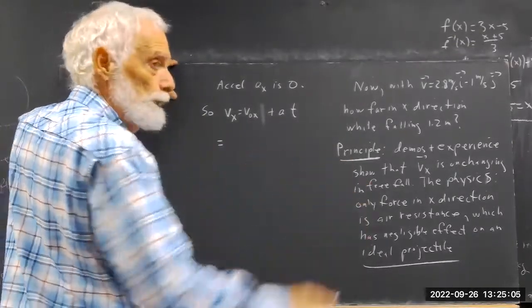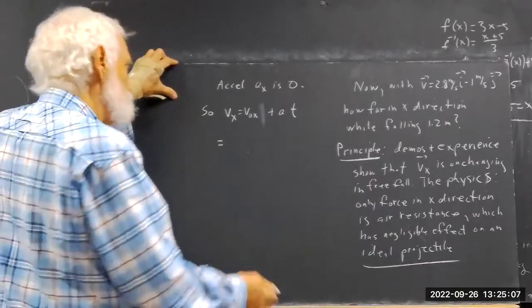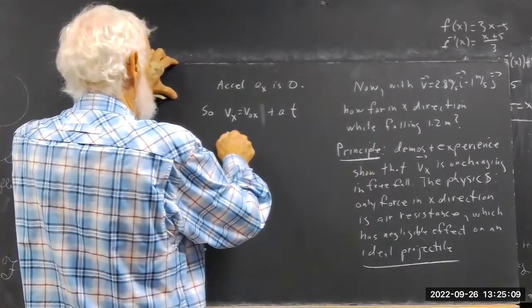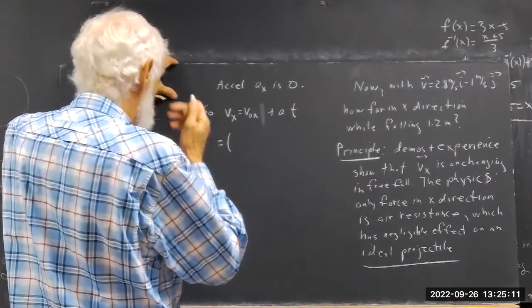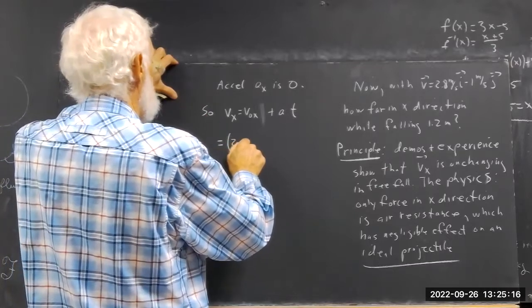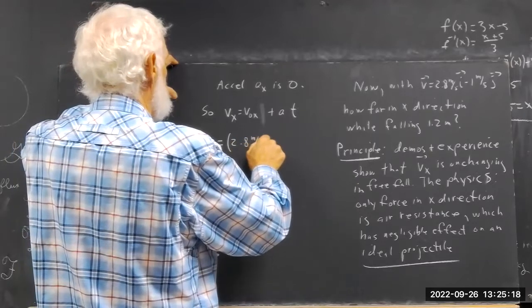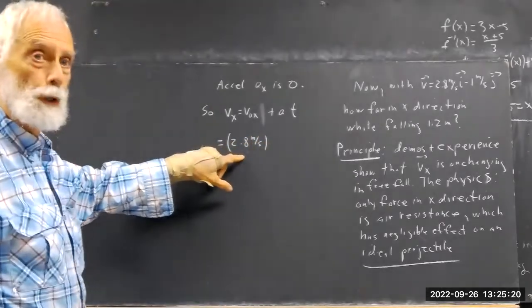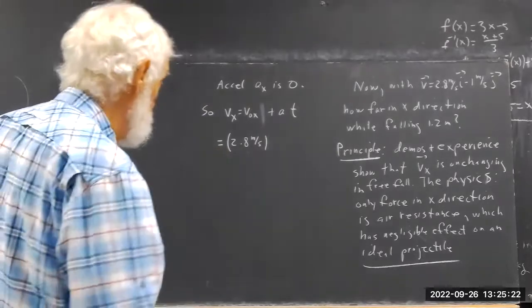I'll write out the units because it's kind of a good idea. Really, you use everything you can. You know, Vx is what, 2.8 meters per second, or whatever more accurate value you got when you solved it.